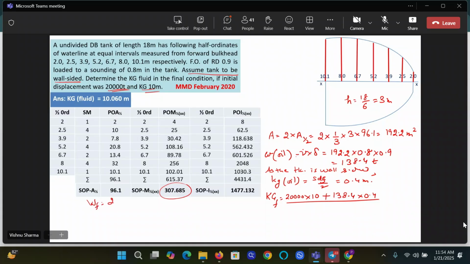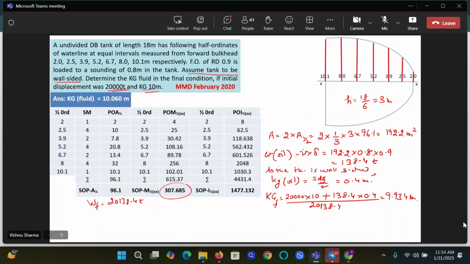Final displacement will be 20,138.4 tons. That gives 9.934 meters is the final kg. This is the kg solid.